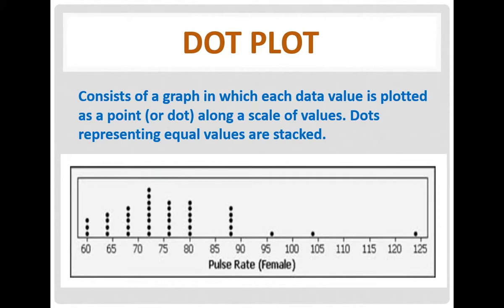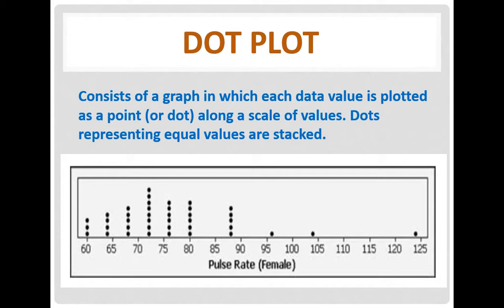And the dots actually represent each of the women. So now, can you tell me how many women may have had 60 as the pulse rate? 3, right? So now you don't lose as much of your data, but you still have a nice little graph. You can still get a good visual looking at the dot plot, okay?